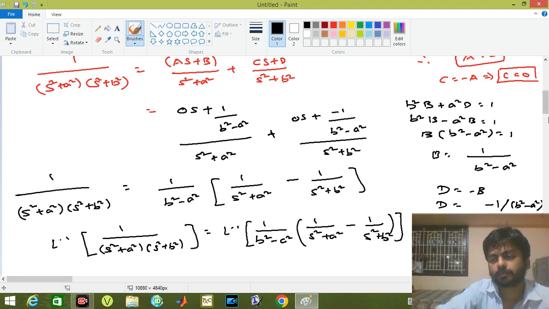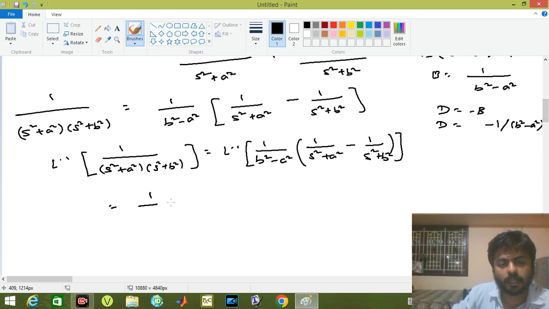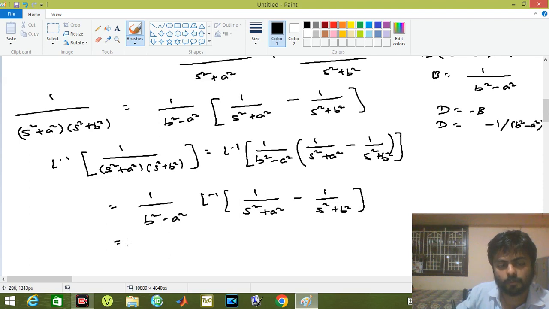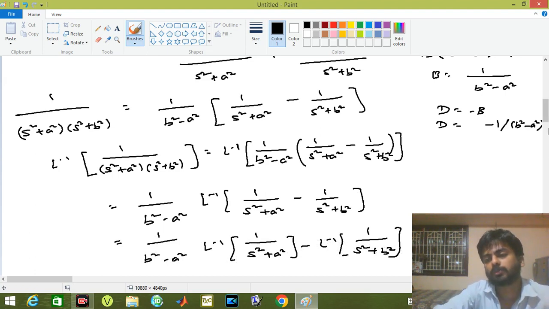Okay, now here by linear property you can take 1 by (b square minus a square) outside, and you can write L inverse of 1 by (a square plus a square) minus 1 by (a square plus b square). So it can be further written as L inverse of 1 by (a square plus a square) minus L inverse of 1 by (a square plus b square).